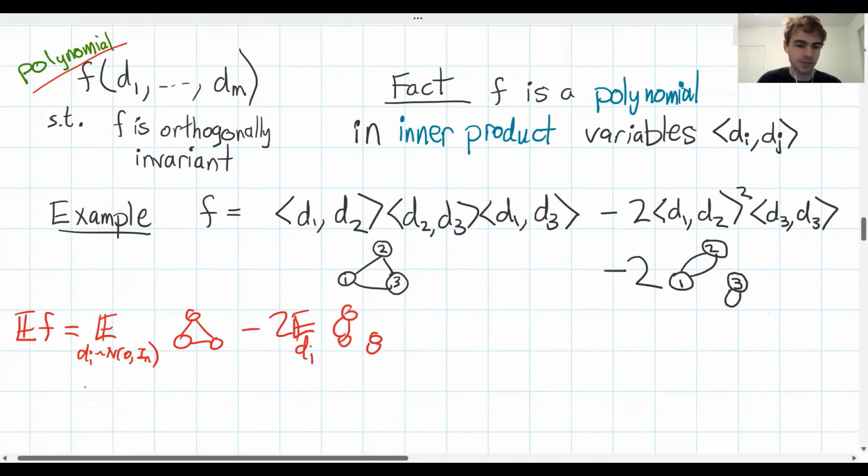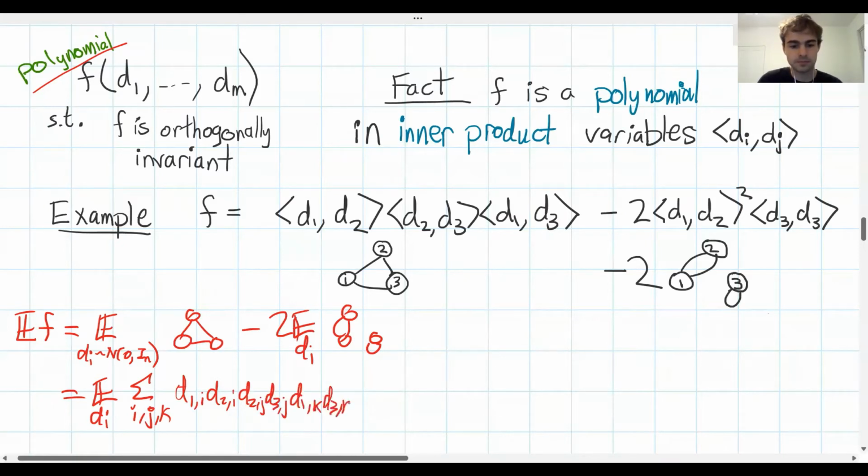We have these two terms, and each of the inner products can be expanded because it's just a sum of n things. So we sum over i, j, k, d1i, d2i, d2j, d3j, d1k, d3k. And similarly for the second term.